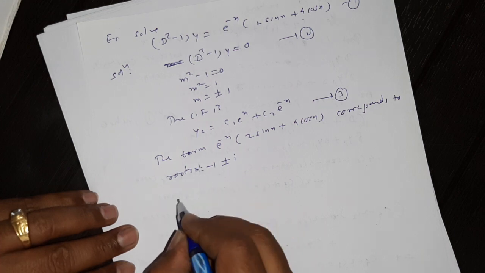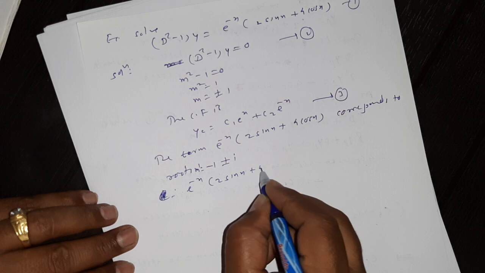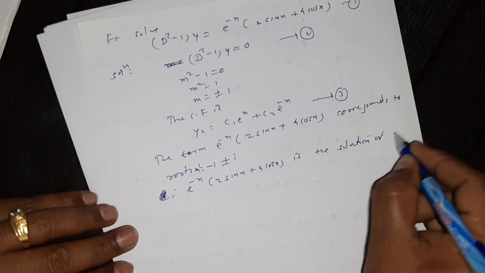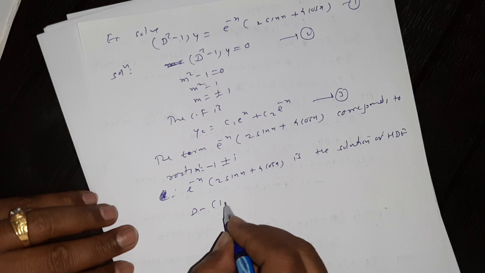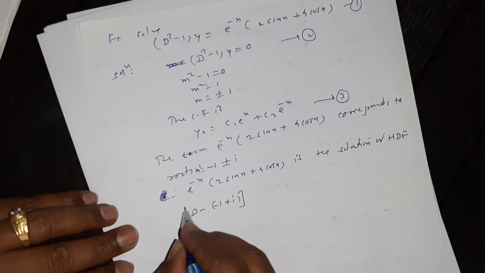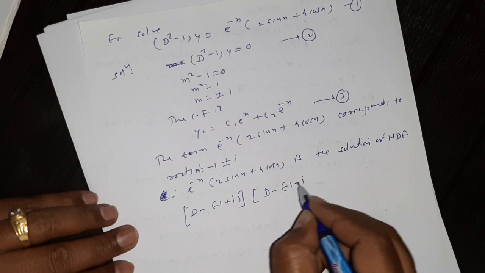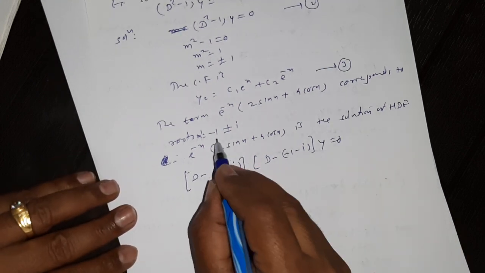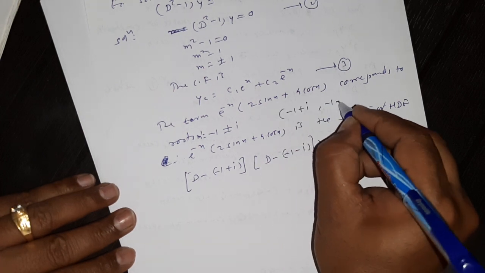These are the m's, and therefore this e raised to minus x times 2 sin x plus 4 cos x is the solution of the homogeneous differential equation d minus (minus 1 plus i) into d minus (minus 1 minus i), y is equal to 0. D minus first root, d minus second root. What are the roots? Minus 1 plus i, and another root is minus 1 minus i.